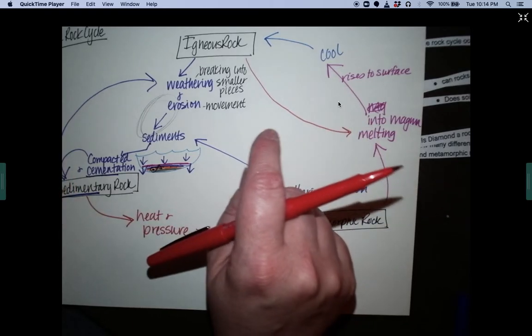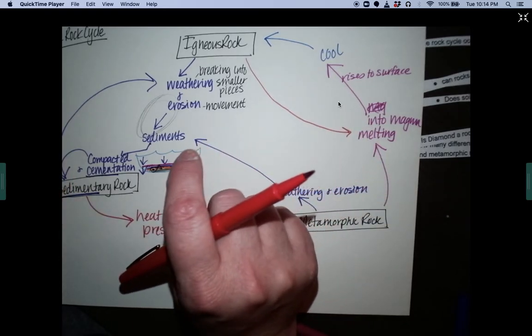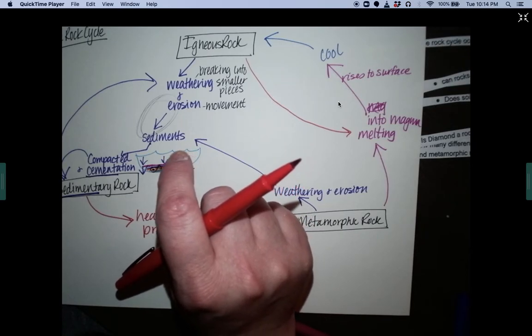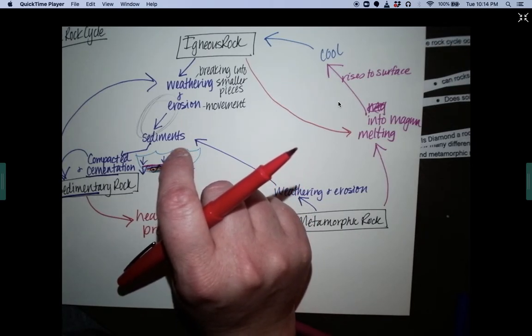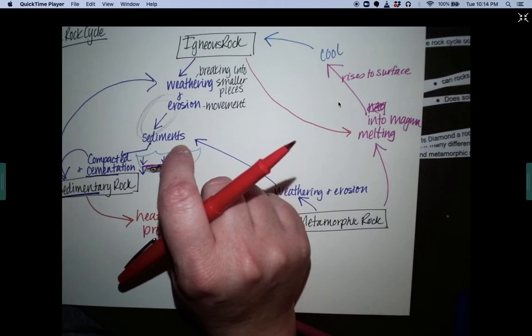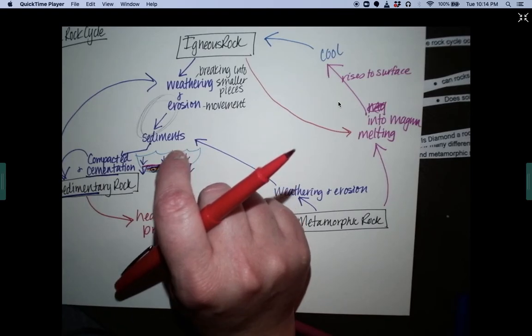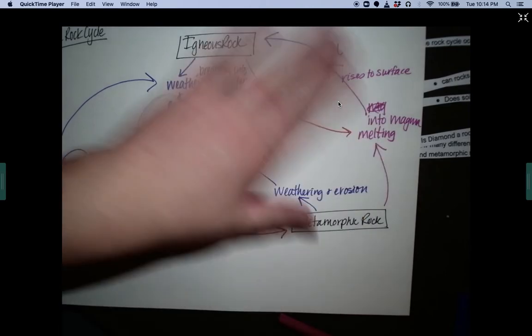One question that I got was, how long does the rock cycle last? I can't remember the exact wording, but essentially, how long does this last?